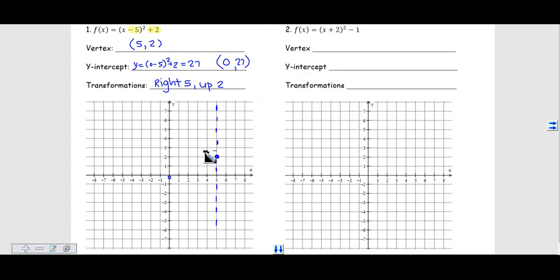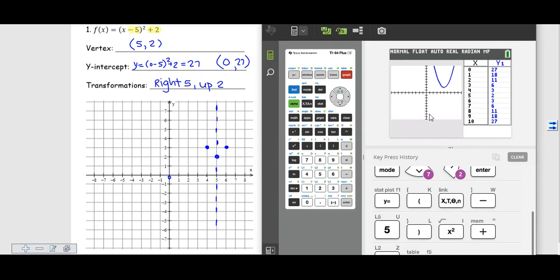So back here, (4, 3) is right here. (6, 3) is here. I'm going to sketch my graph. Again, if I wanted additional points so I could see how wide it is, I can just open up because this one's kind of close. Let's pick another one. How about (3, 6) and (7, 6)?